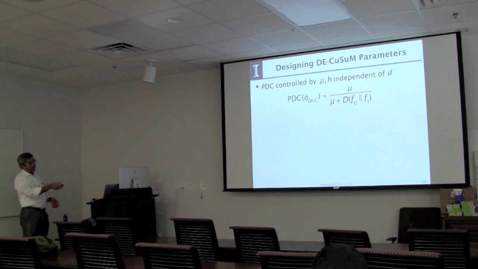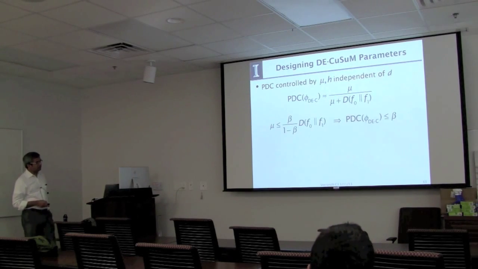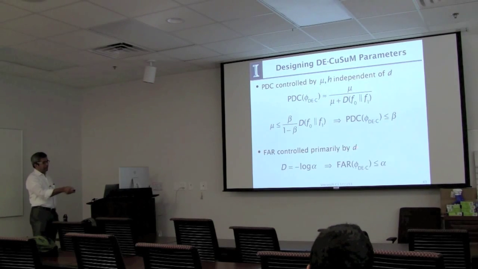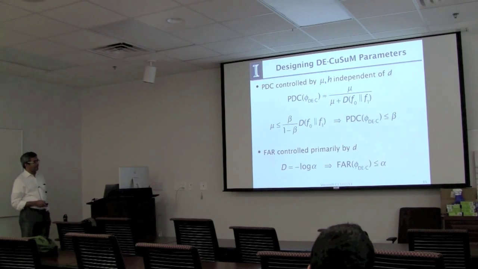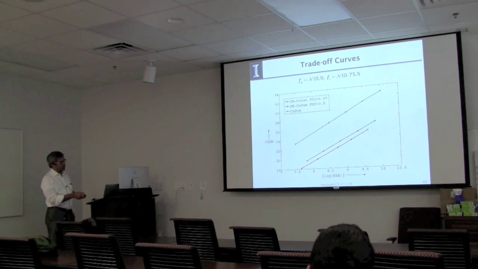Okay, this is roughly how that behaves. It's not that hard to show. You can get a much better approximation than this, but this is a pretty good approximation. And the false alarm rate is controlled primarily by d. Sorry, little d equals negative alpha. Alpha again gives you the same constraint as before. Okay, so how does this work in practice or in simulations?